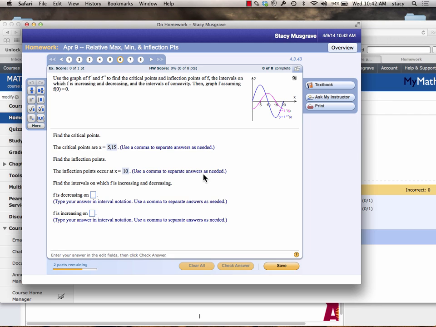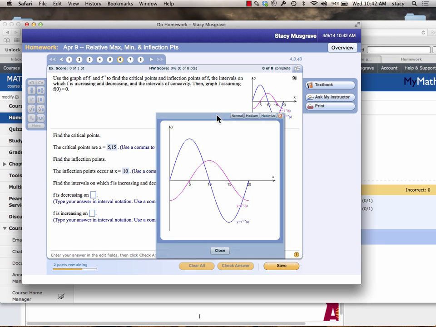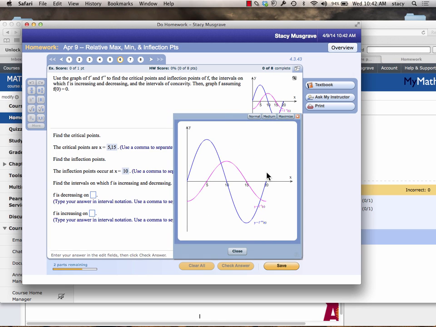Super cool. Okay, and then find the intervals on which f is increasing and decreasing. So what should we be looking for in order to say whether or not f is decreasing?